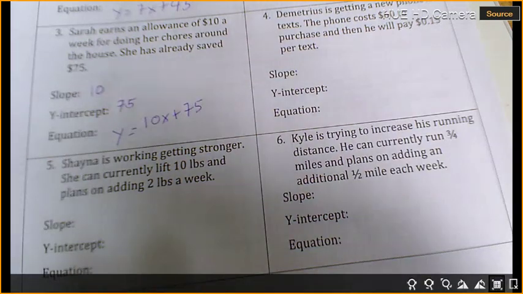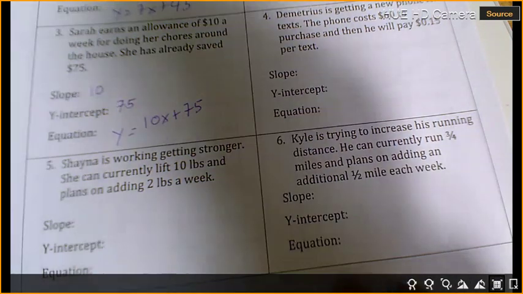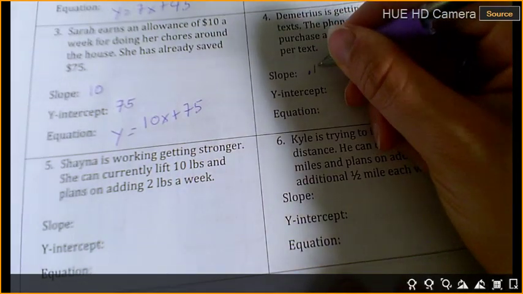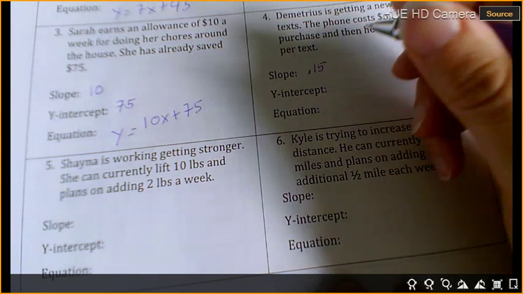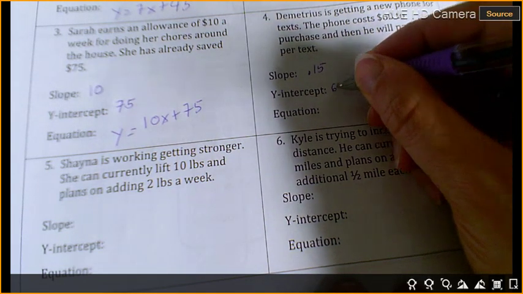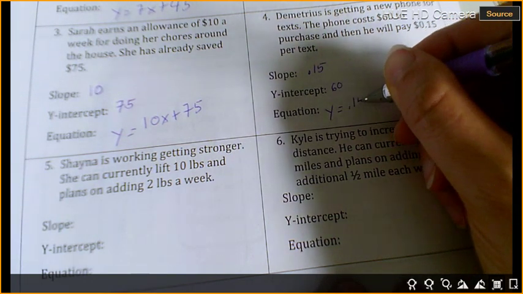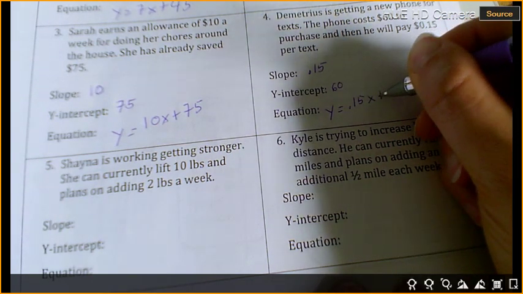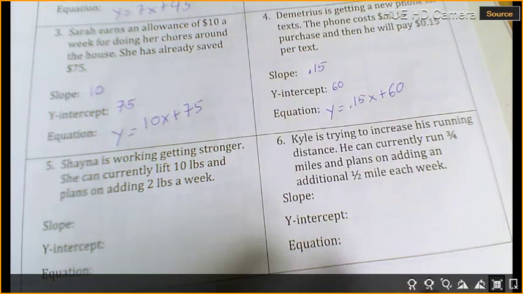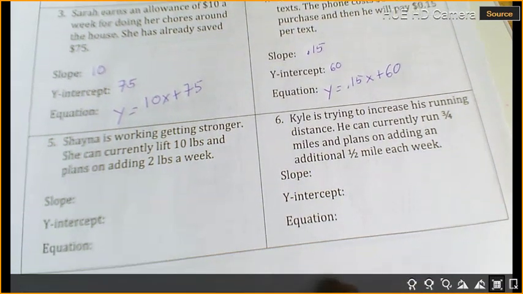So you should have gotten, for the slope for number 4, 0.15. You should have gotten a y-intercept of 60. And it should be y equals 0.15x plus 60. Number 5, your slope should have been 2.